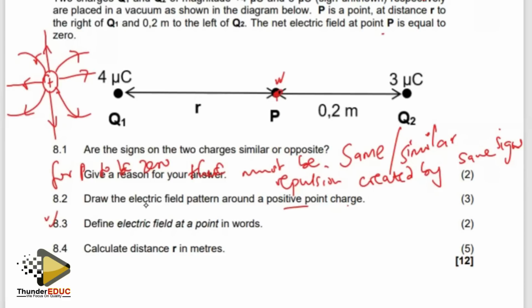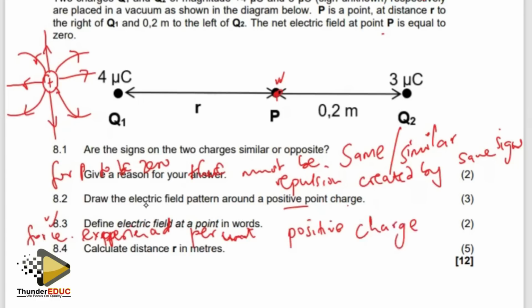And so we know that electric field is basically the electrostatic force. This is the force that is experienced per unit positive charge.